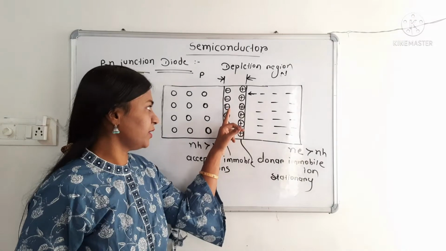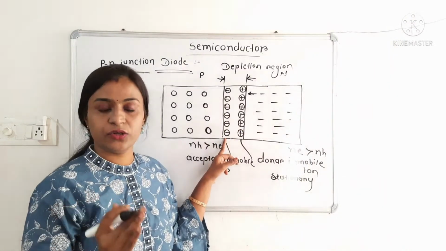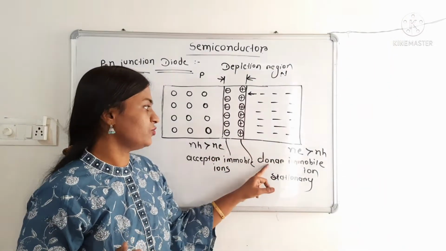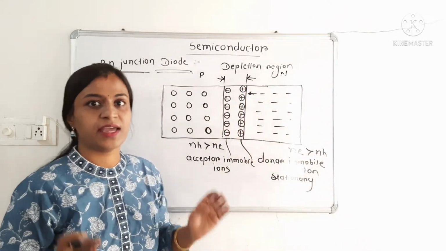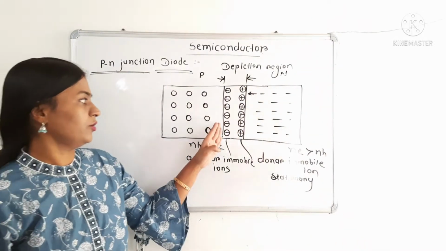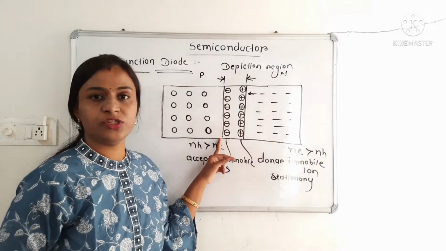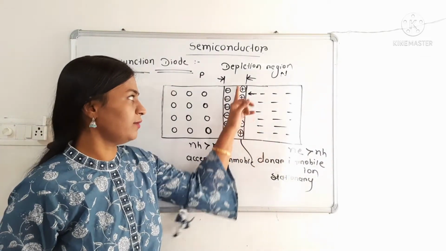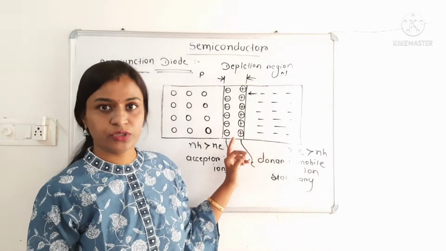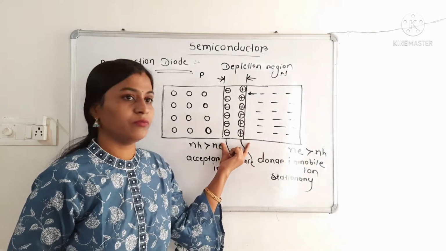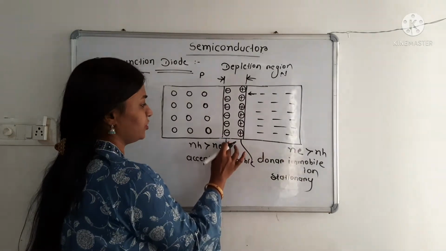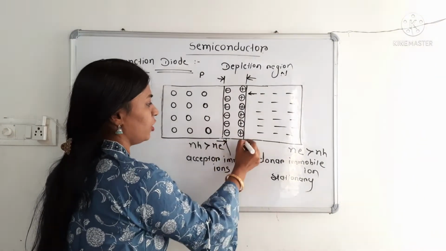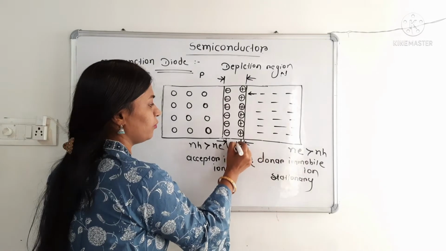These acceptor ions have negative potential, and these donor ions have positive potential. That means at the junction, towards the p side negative potential develops, and at the n side positive ions, that means positive potential, develops. Here one potential develops, and that potential is called the barrier potential.